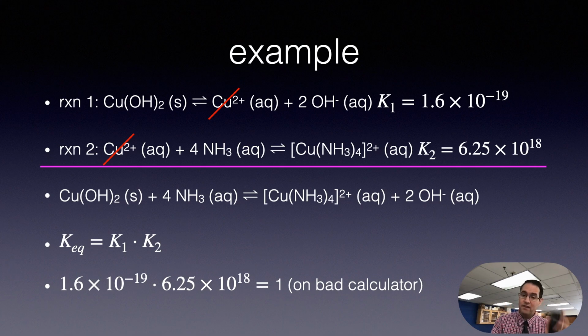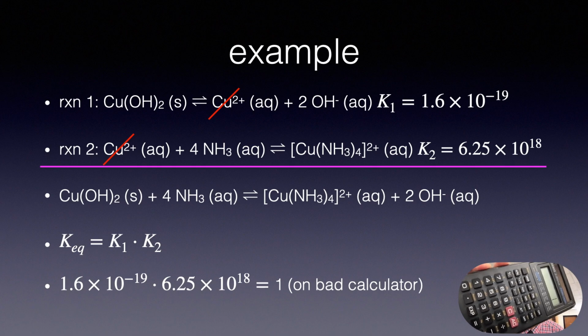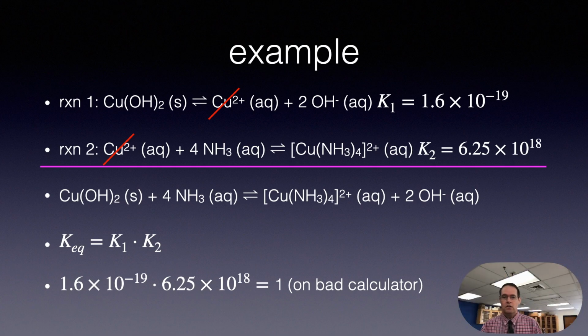So let me check on this better calculator, which is a Casio. 1.6 exponent minus 19 times 6.25 exponent 18. And I get 1 as well, okay? So this is kind of rounding off the math, and it comes out to be 1, all right?